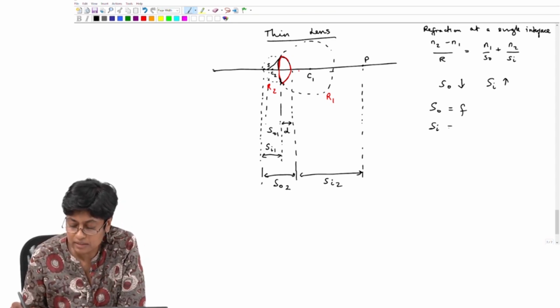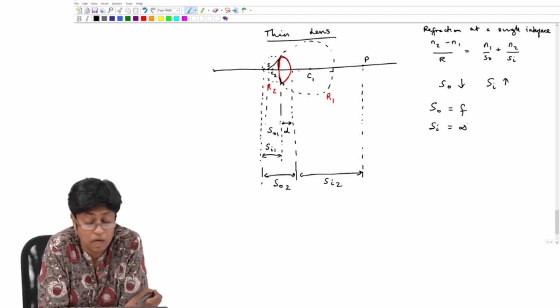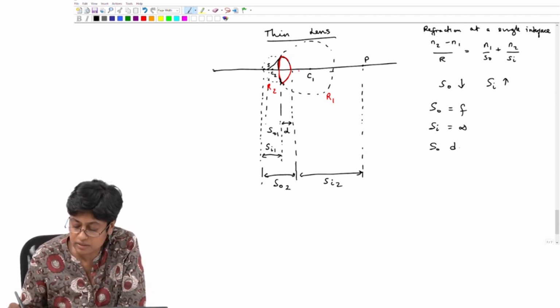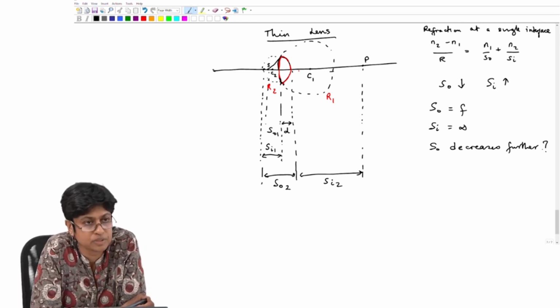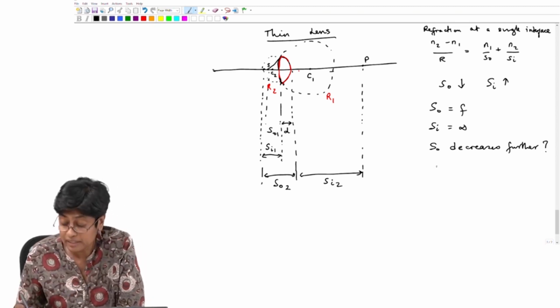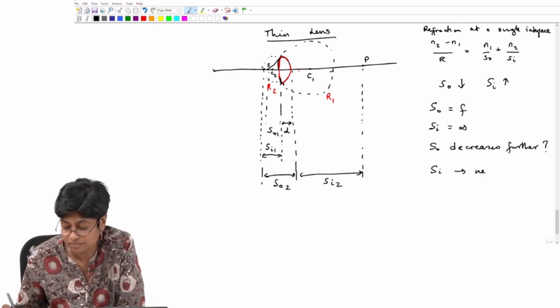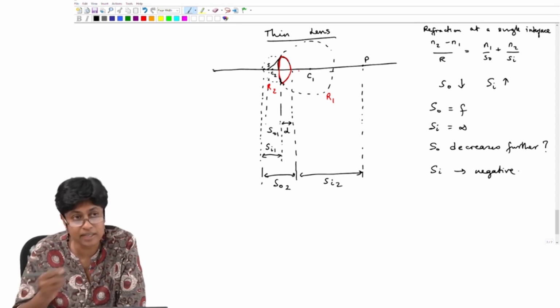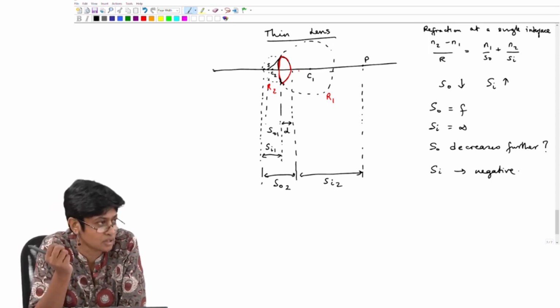That means SI is at infinity. What happens if S0 decreases further? What happens to SI? How will this equation get satisfied? It means SI is negative, or as he said, it will be on the same side as the object.